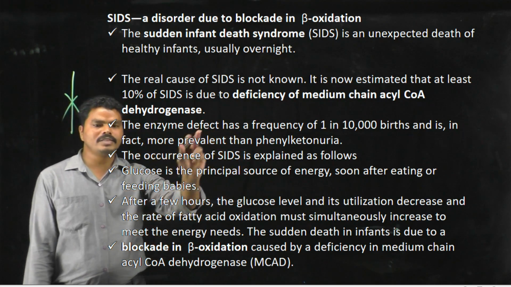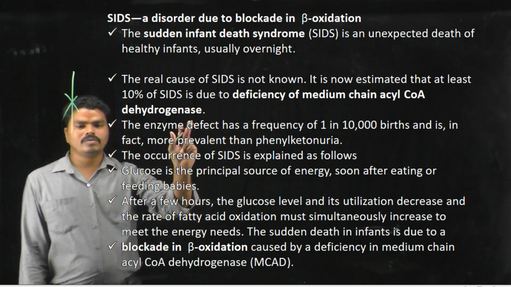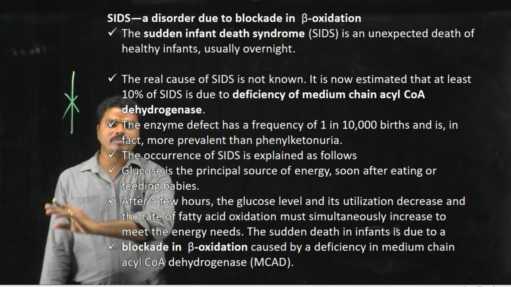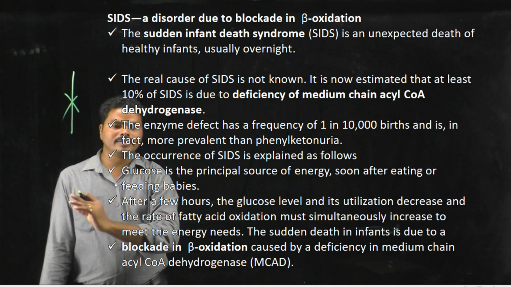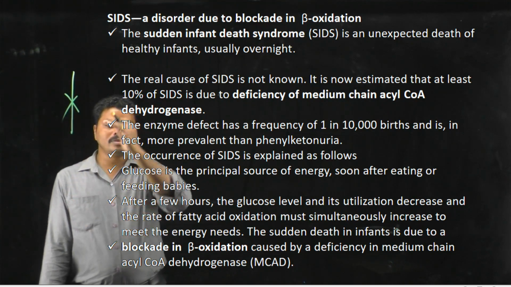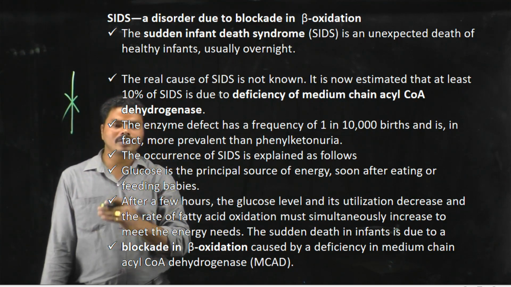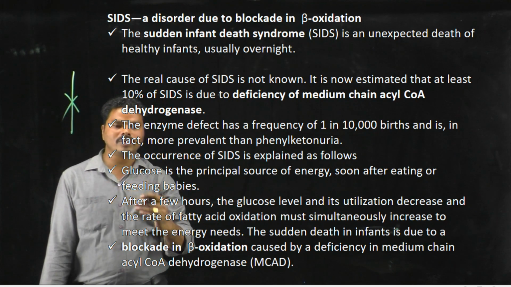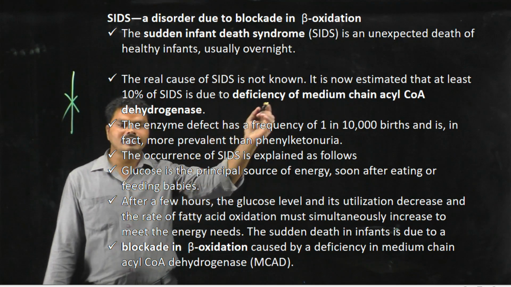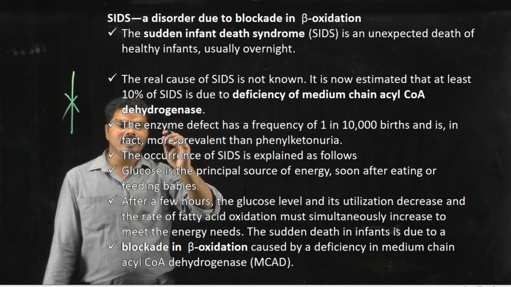What is the enzyme's role here? We already saw the different steps involved in the beta oxidation of fatty acid. What is the first step? The acyl CoA is converted into trans-enoyl CoA by the action of acyl CoA dehydrogenase.